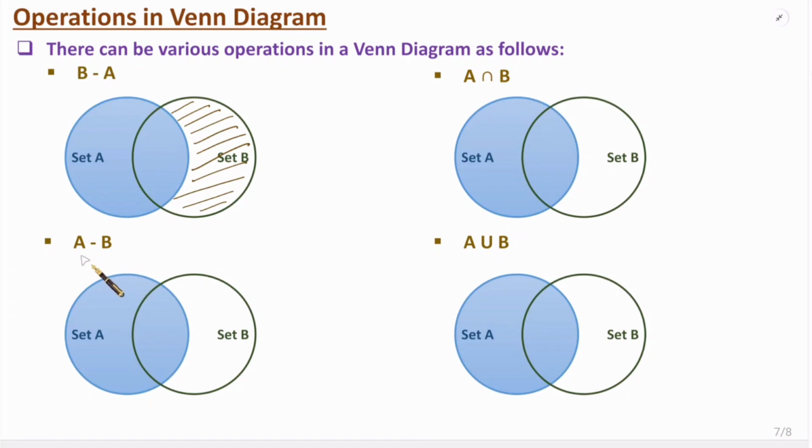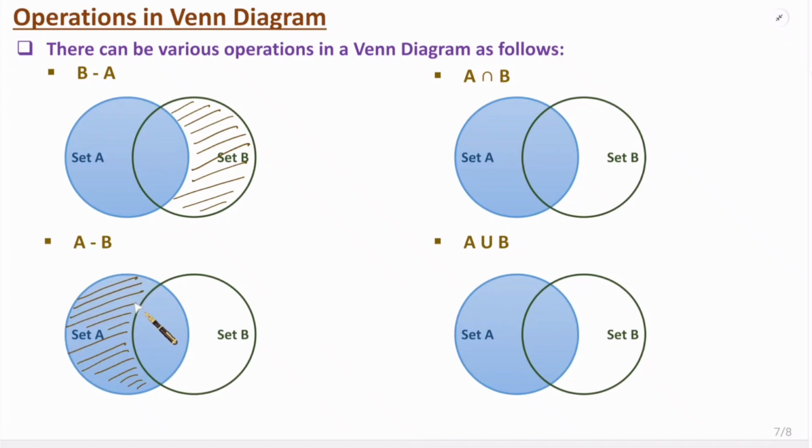If you talk about A minus B, then that will be having all the variables which are there inside A, and we need to subtract the variables which are there inside B. So here if you observe, we have set A that is having these variables, and minus B means common variables that we need to subtract.